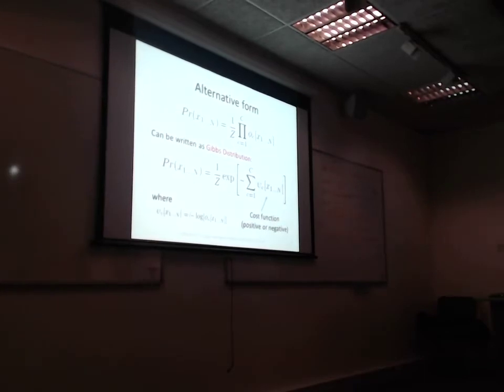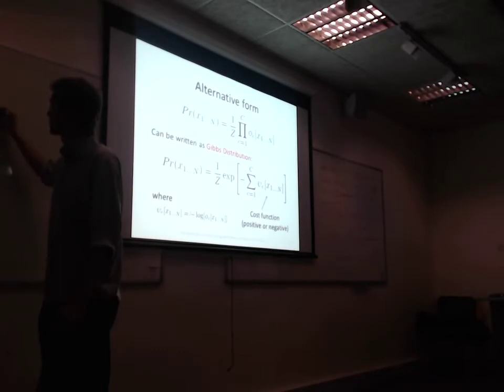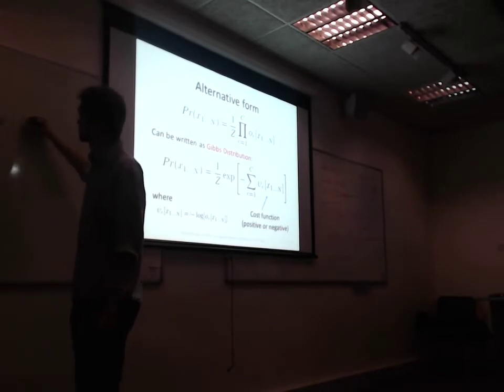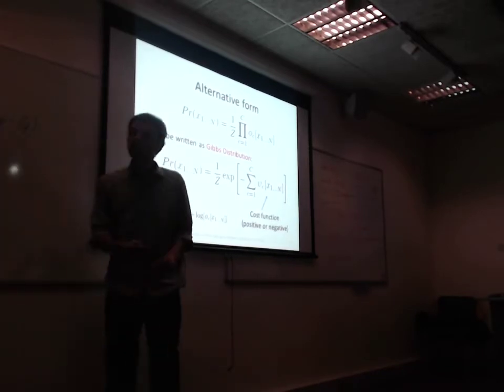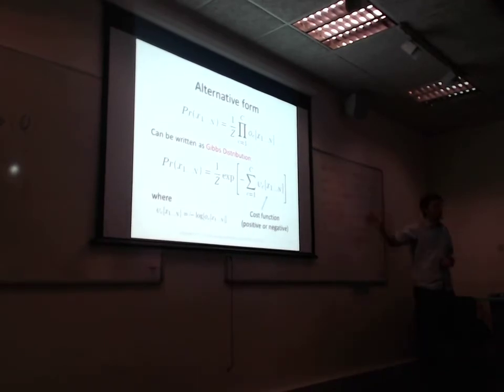So let me write this down. And this we're calling the cost function. I'm just writing them down because they're going to go away in a moment. I want you to be able to refer back to them.